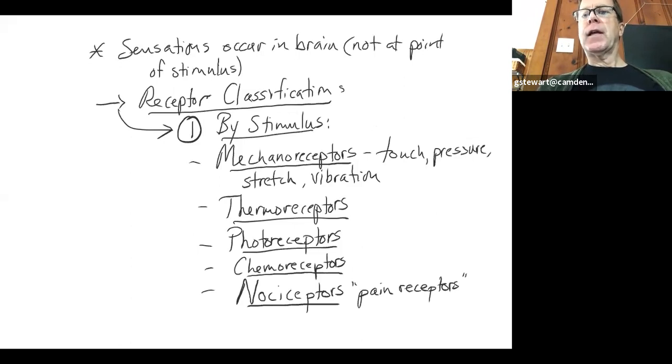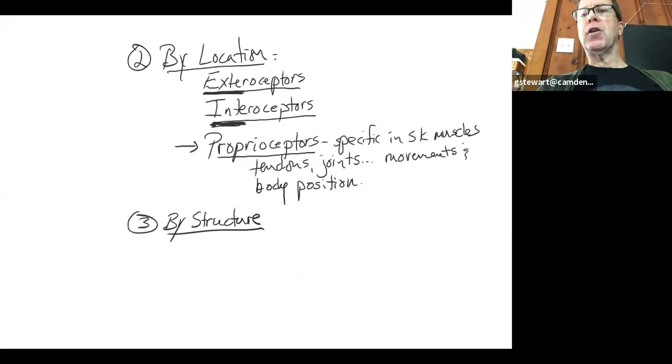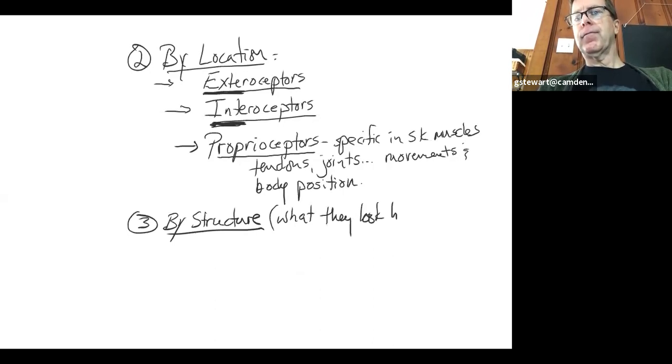We can classify receptors by location in the human body, and there are the types of receptors. And finally, by structure, physical structure, what they are made of, what they look like. This is complicated. I'm not going to get into all of the detail probably today, so I'll start this and then continue in tomorrow's lecture.